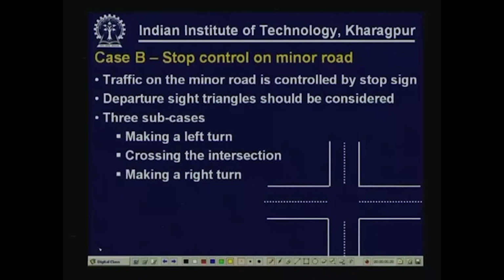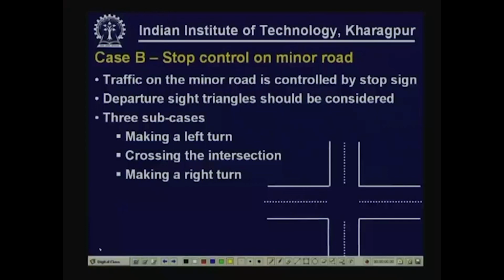Obviously, because we are looking at the requirements of a stopped vehicle, that means the stopped vehicle has to accelerate and complete the turn, either left turn, right turn or crossing, what is the requirement. So, it is a case for departure side triangles, and there are 3 sub cases as shown here.